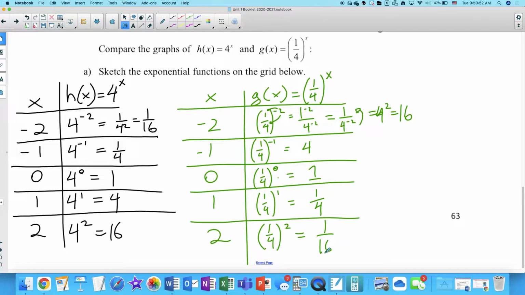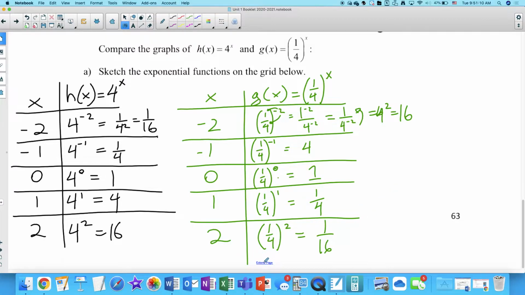So something is going on here. When the base becomes the reciprocal, suddenly the negative values of x swap. We're going to look at this graphically and see what happens.